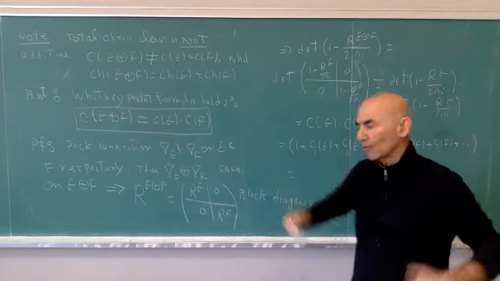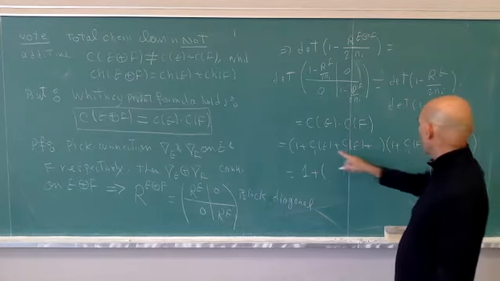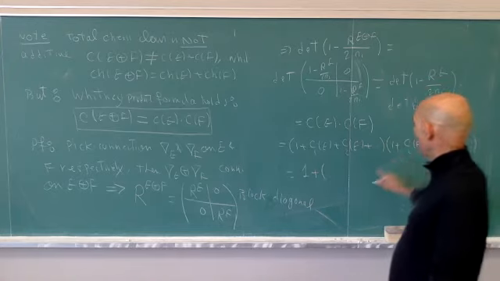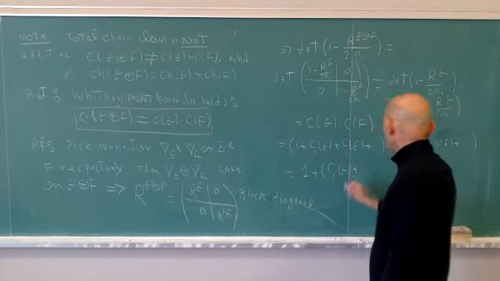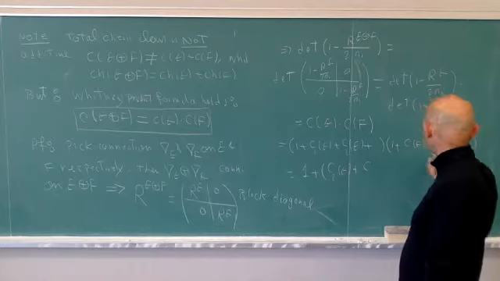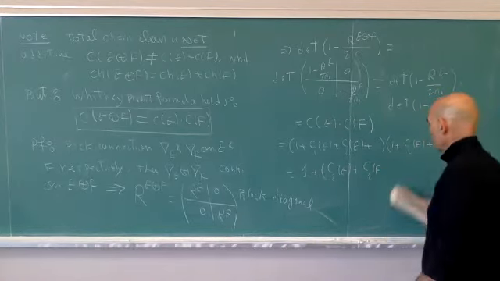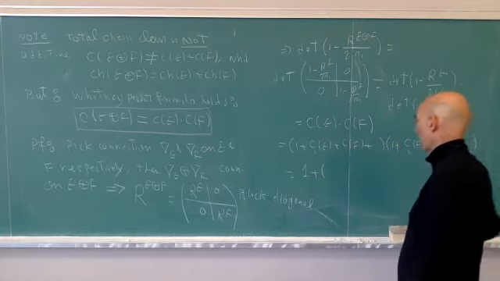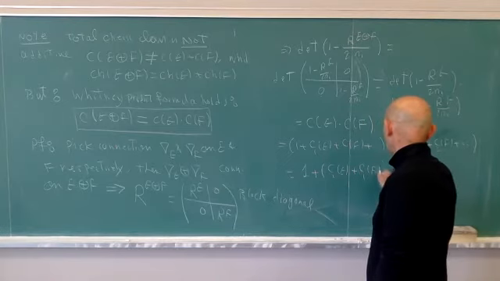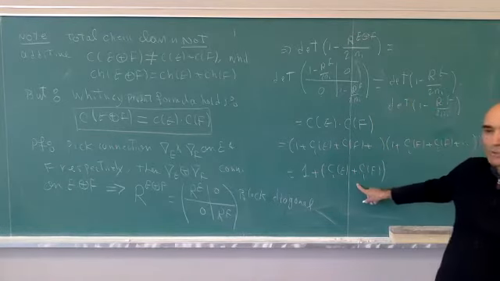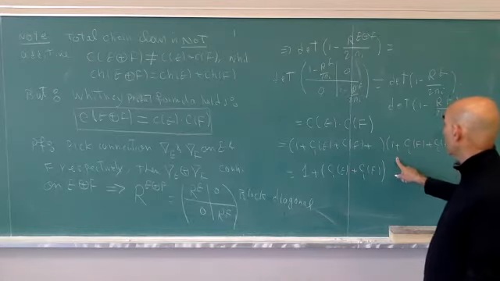Terms of degree 2: there are only two terms of degree 2. I'm sorry, this is C1(E) plus C1(F). There is no other degree 2 term. This is the one and this is the one.